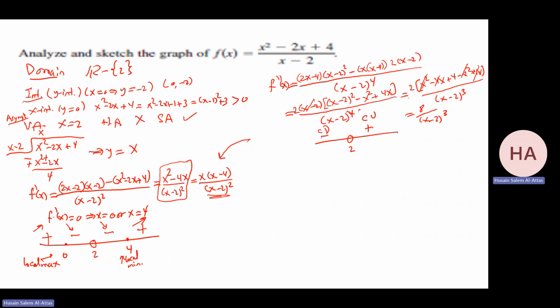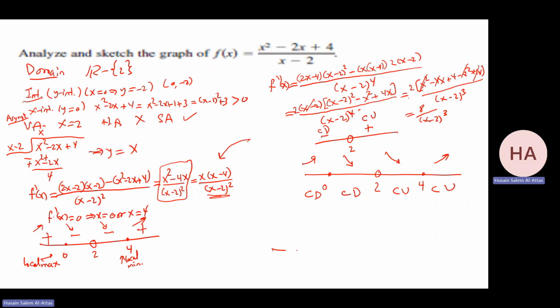If I put it in one graph, I need 0, 2 open, and 4. I know it's going up, decreasing, decreasing, increasing. This is concave down up to 2, and concave up to infinity.